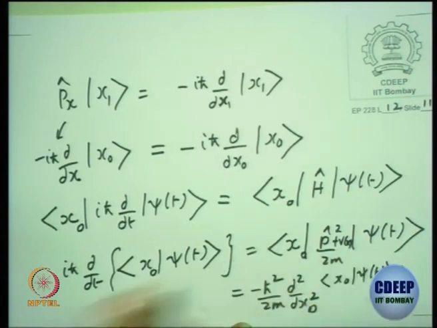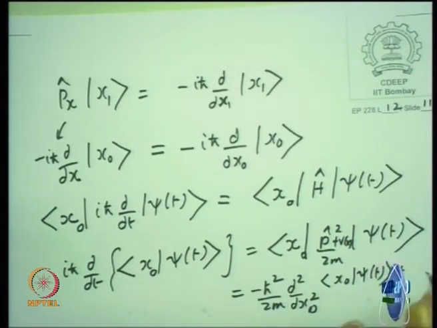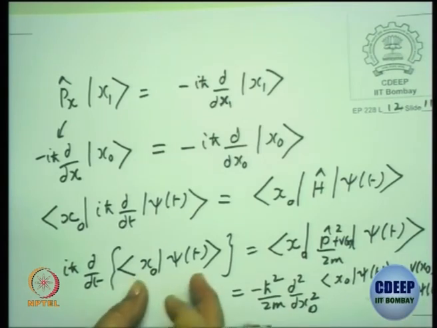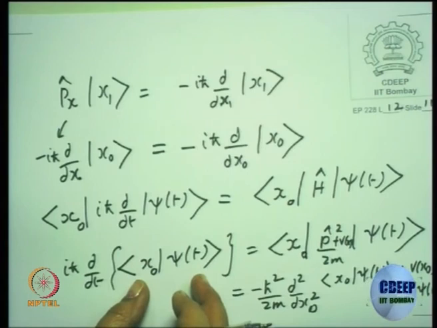V of x will give you v of x naught, a number multiplying x naught with psi of t. So, what is this x naught with psi of t? That is the wave function.